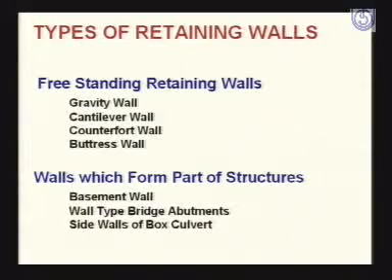Now let's see what are the types of retaining walls. Generally we divide retaining walls into two categories. One we call free-standing retaining walls, which act as independent structures. The second type are walls which form part of some bigger structure.